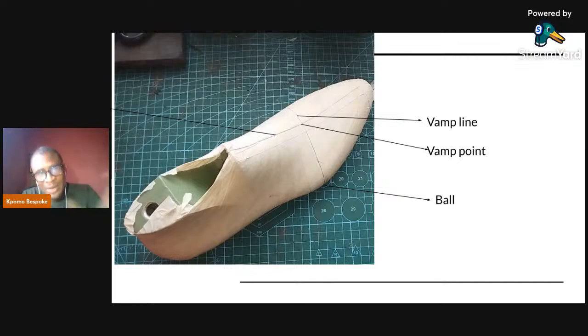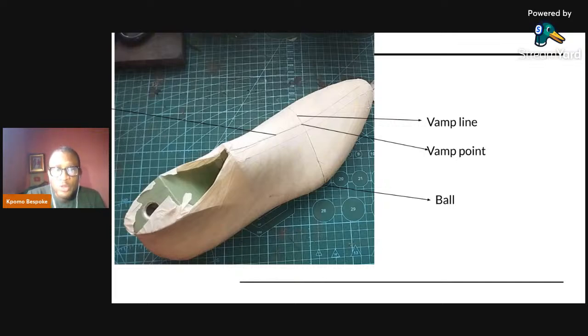So now when you take up your last, this line here at the center is called the, so you of course draw a line running from the tip here, from the top here to the tip there, and then at the back from the top of the back to the bottom of the back, just eyeballing the center and drawing that line to demarcate the last into two equal parts, so to speak, and then the back also into two equal parts, so to speak. So this line that does that demarcation is called the center line.